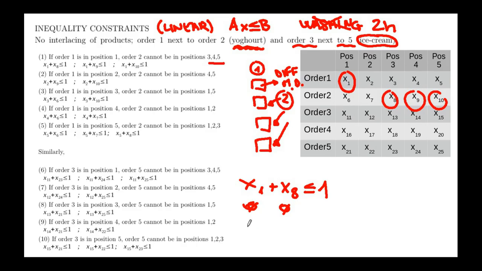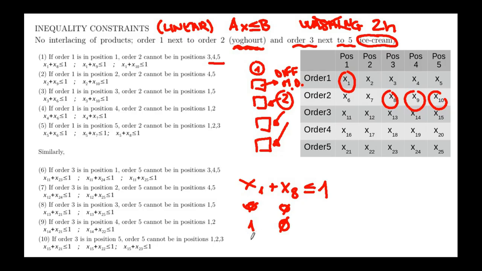But maybe order 1 is assigned to position number 1, but then I'm forcing that order 2 cannot be assigned to position 3, because this leads to a double washing procedure.